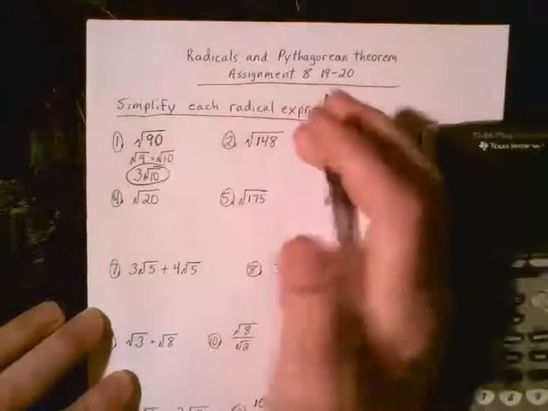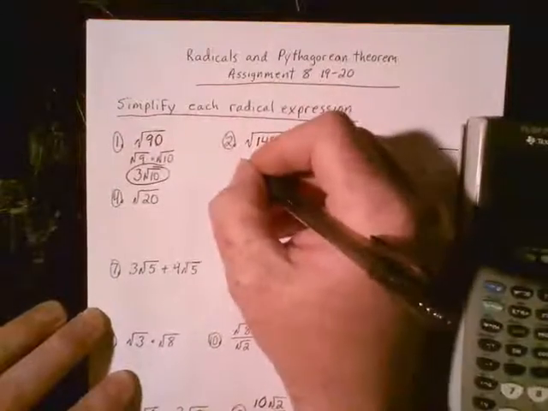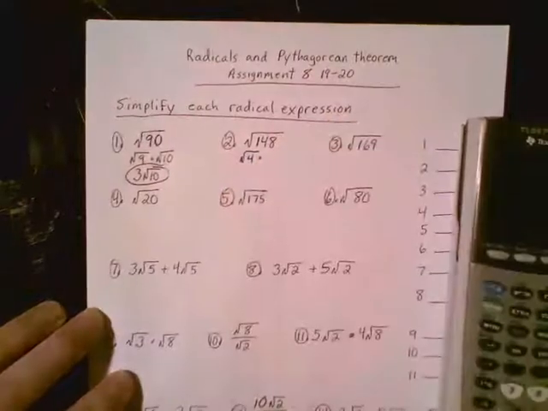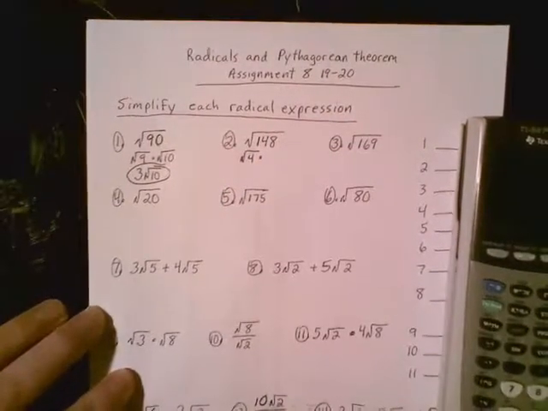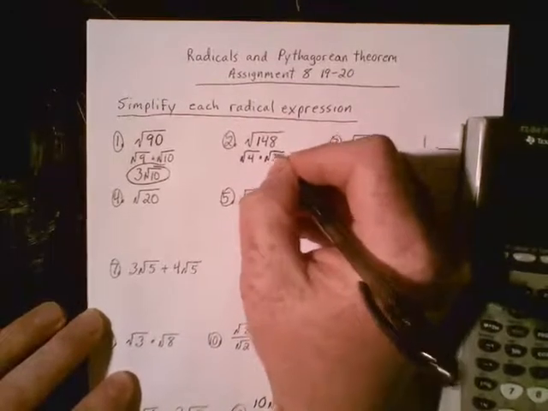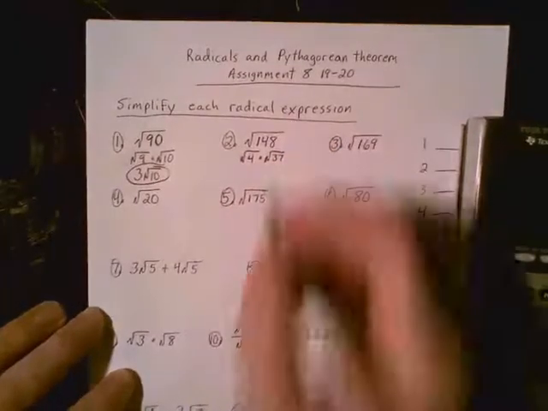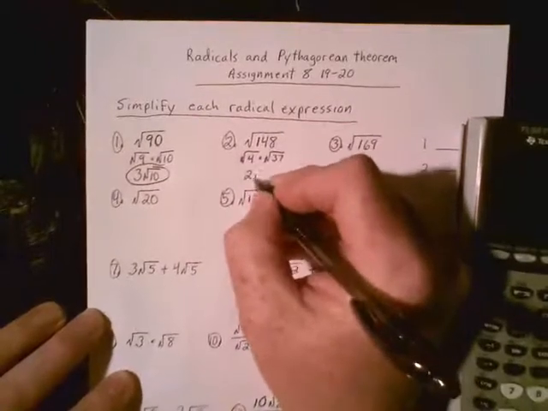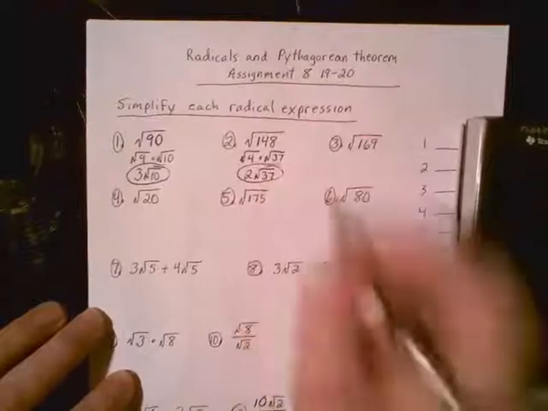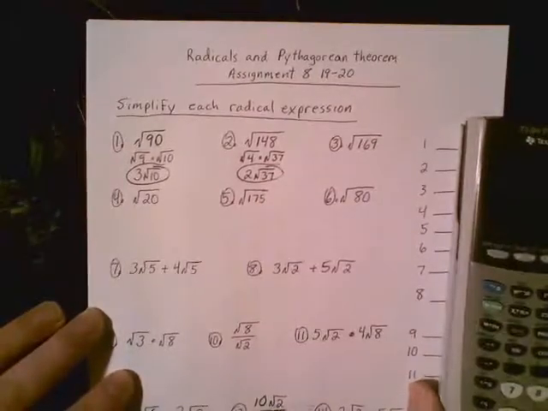So I'm just going to go with 4 and see what that gives me. So break it up into the square root of 4 times 148 divided by 4 is 37. The square root of 4 is 2, so that comes out of the radical. 37 stays under the radical. That's in simplest form. 2 times the square root of 37.